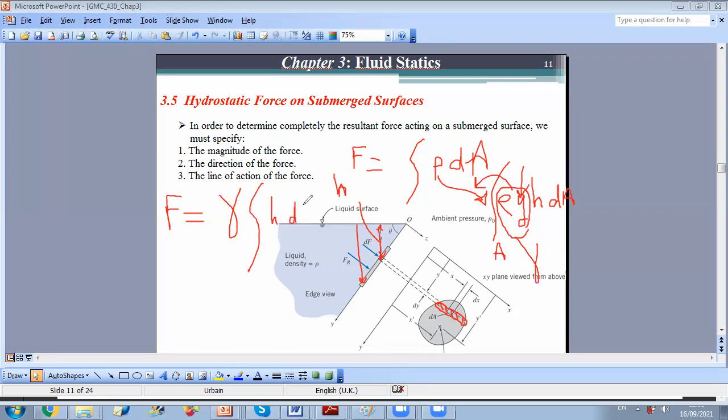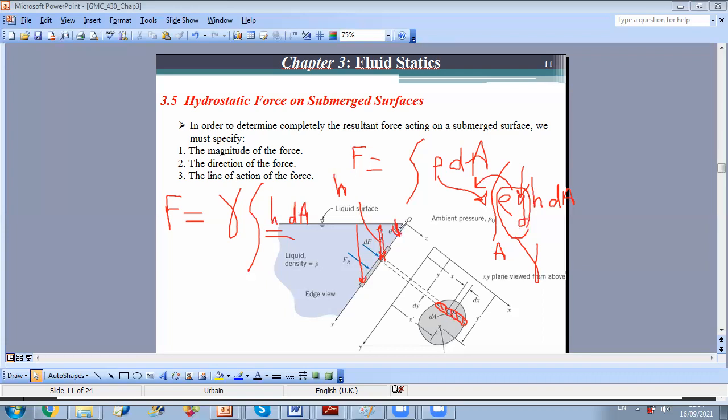Now how will I go about this term? First, I need to determine what H is. H is the height, the depth of the fluid, and it can be related to the inclination of the surface.